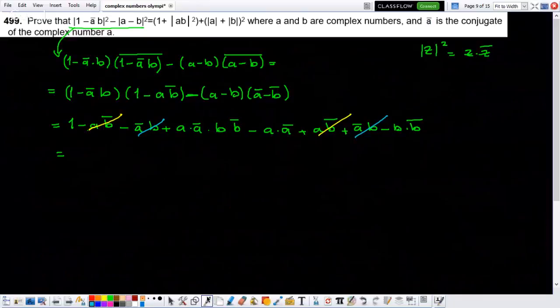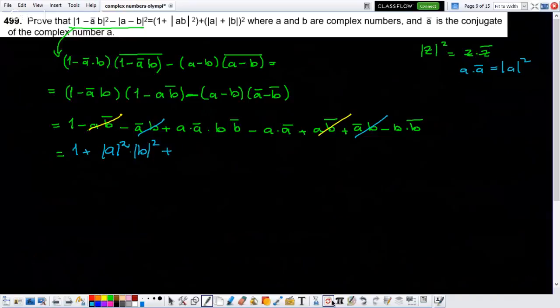Then this is going to be equal to 1 plus a times a conjugate, which is equal to |a| square. So |a| square times |b| square.